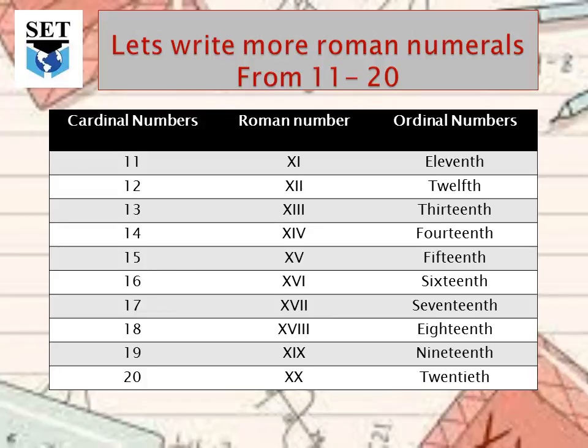So we can say that 10 plus 1 is 11. So we say XI is 11. For 12, X means 10 plus II means 2. 10 plus 2 is 12. So we write XII.